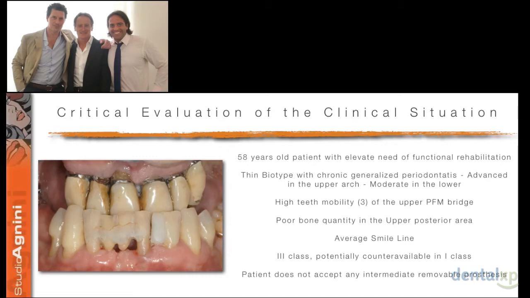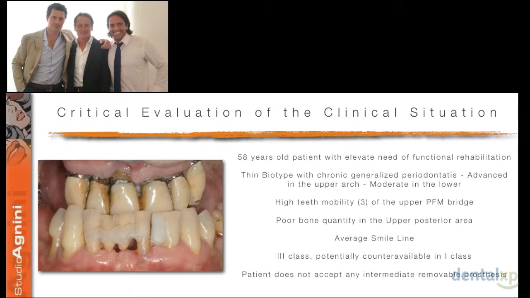The average myline is a third class, potentially that we can prosthetically counter available in first class, and we know from the beginning that the patient does not accept any intermediate removable prosthesis. So again, we have to try to collect all this information, evaluate it, looking at which teeth we can save, which teeth we cannot save, and which teeth make sense to save.